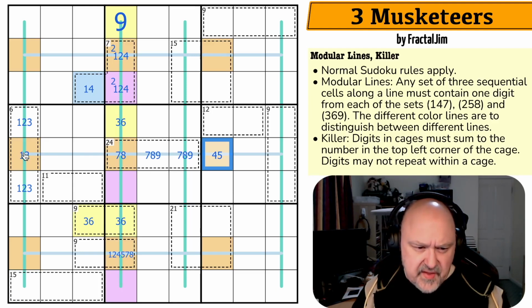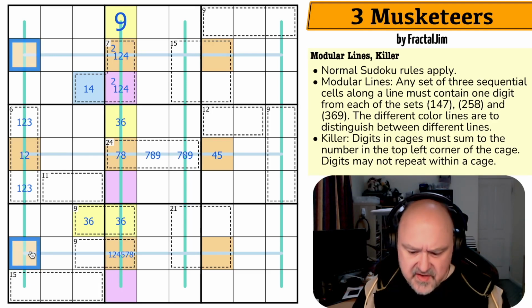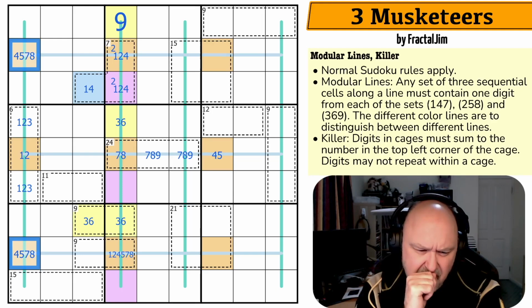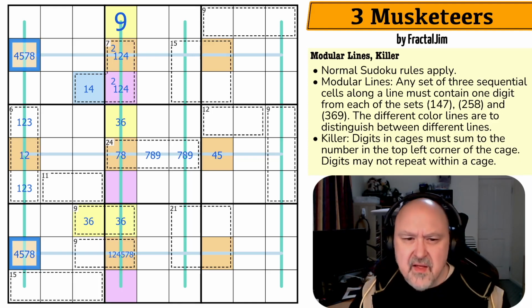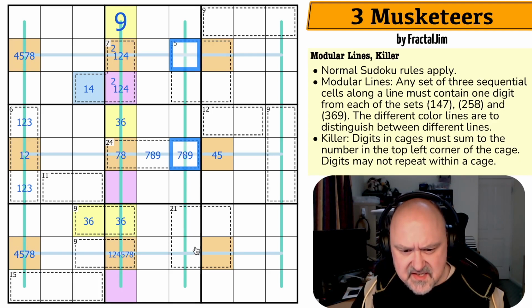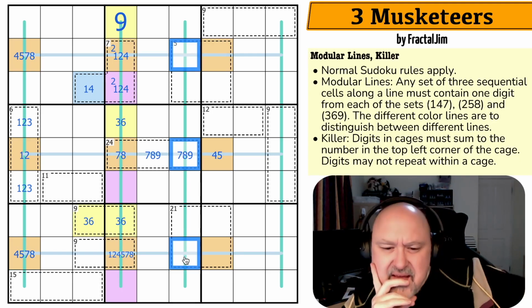Can I do more with that? If this is 1, these are 4 and 7. If this is 2, these are 5 and 8. This digit is the same as this is the same as this, but can they be yellow?